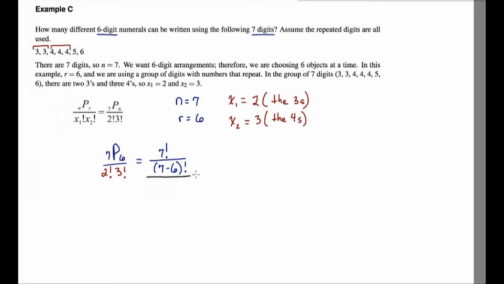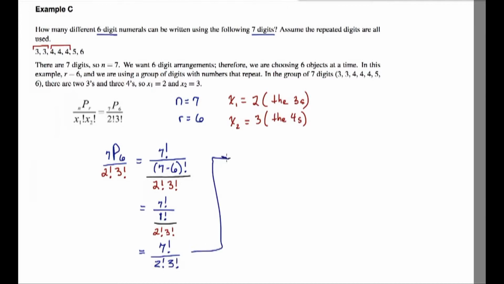And we're going to divide this whole thing by 2 factorial times 3 factorial. So 7 factorial divided by 1 factorial, all divided by 2 factorial times 3 factorial. So 1 factorial is just 1. So basically we get 7 factorial over 2 factorial times 3 factorial.